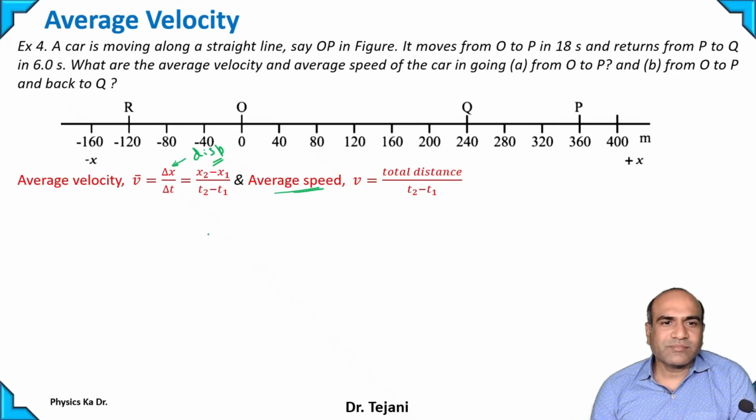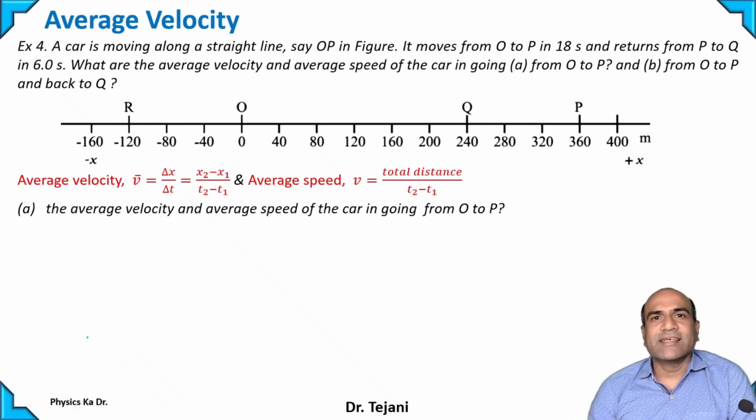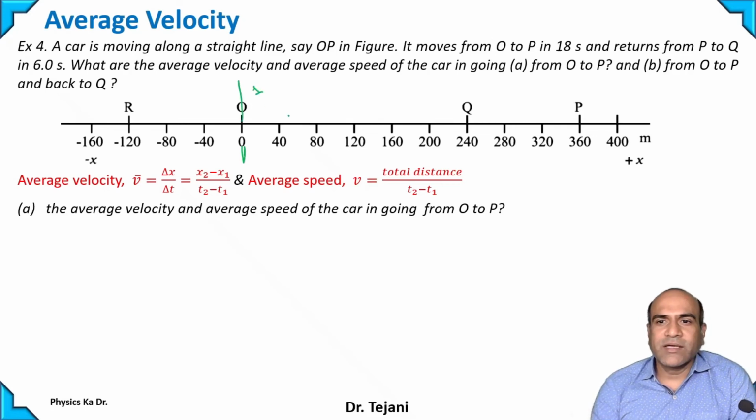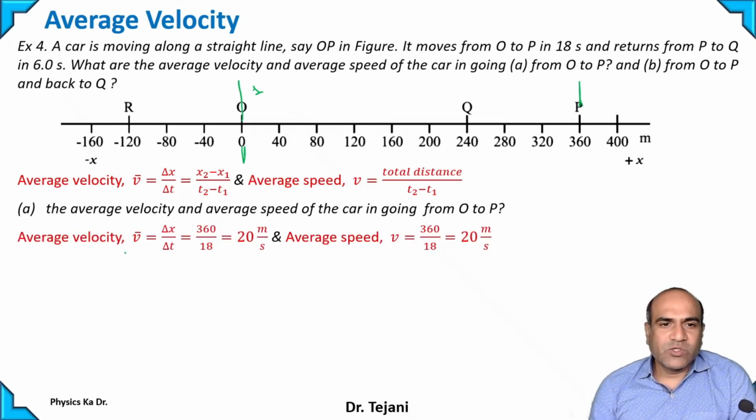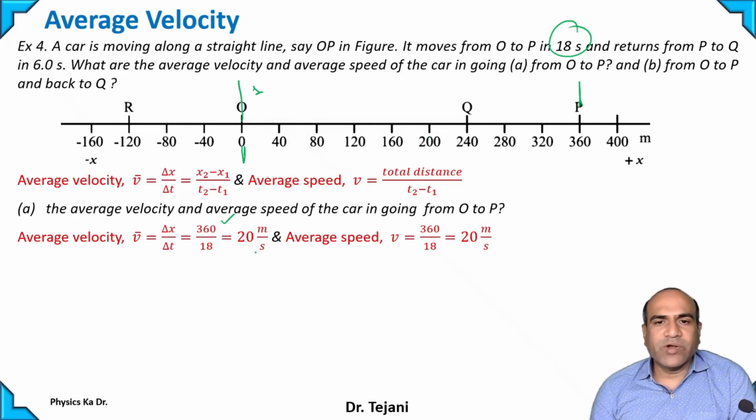For the first case, the object starts from O and moves to P, traveling 360. So V bar is equal to delta x, 360, and it is taking 18 seconds for the first interval. So 360 by 18 becomes 20 meters per second.